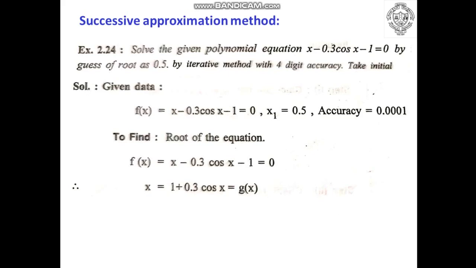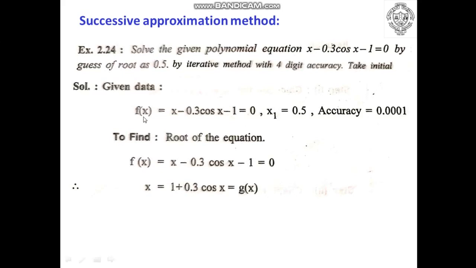using successive approximation method. So the numerical is: solve the given polynomial equation x minus 0.3 cos x minus 1 is equal to 0 by guess of root as 0.5 by iterative method with 4-digit accuracy. So it is said that your accuracy must be of 4 digits, and initial guess is considered to be 0.5.